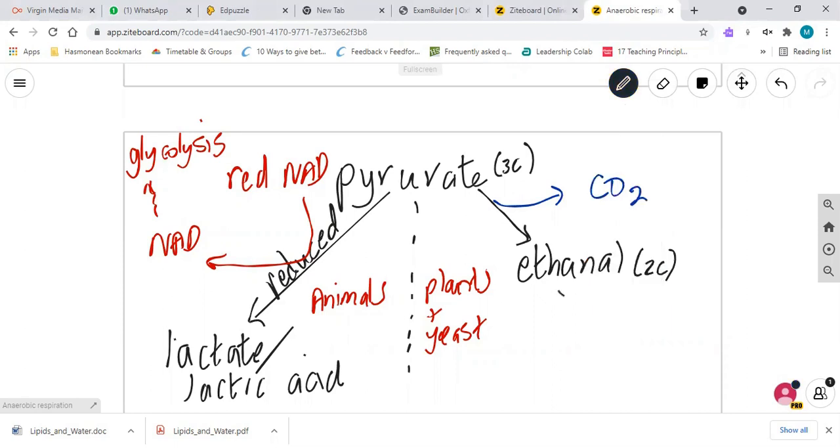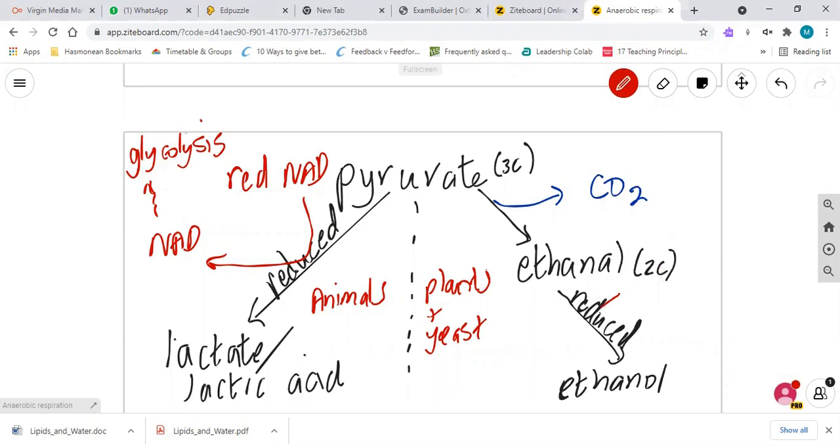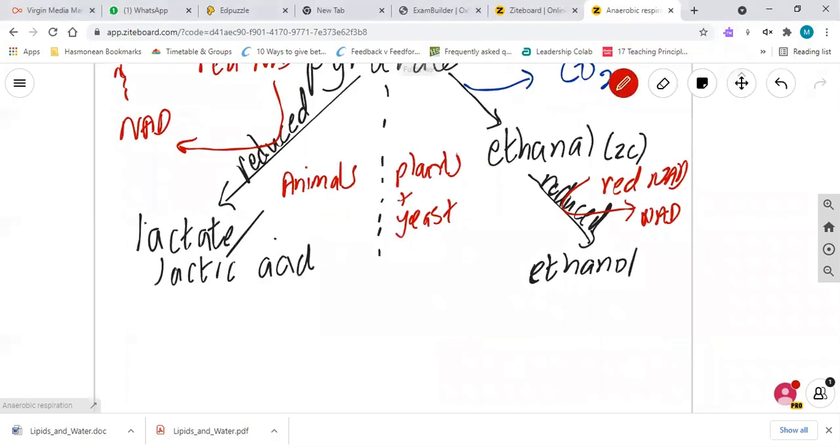And ethanal is then reduced to ethanol. And we know that reduction uses the hydrogens from the reduced NAD. So the reduced NAD is oxidized back to NAD. NAD is regenerated in order to produce the ethanol. And again, that will then go to glycolysis.